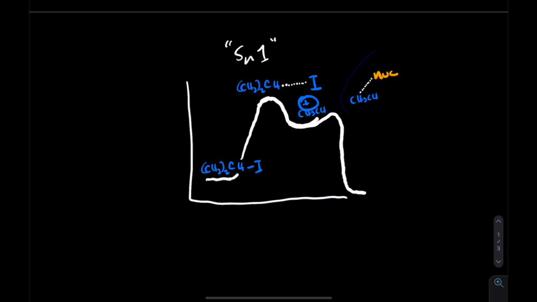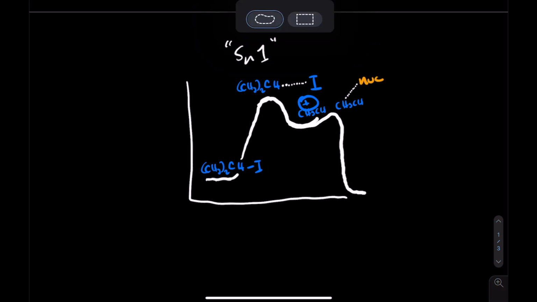So this is now our intermediate. It's just a really long bond, a fictionally long bond, if you will. That's just what our transition state structure looks like for that part of the reaction.